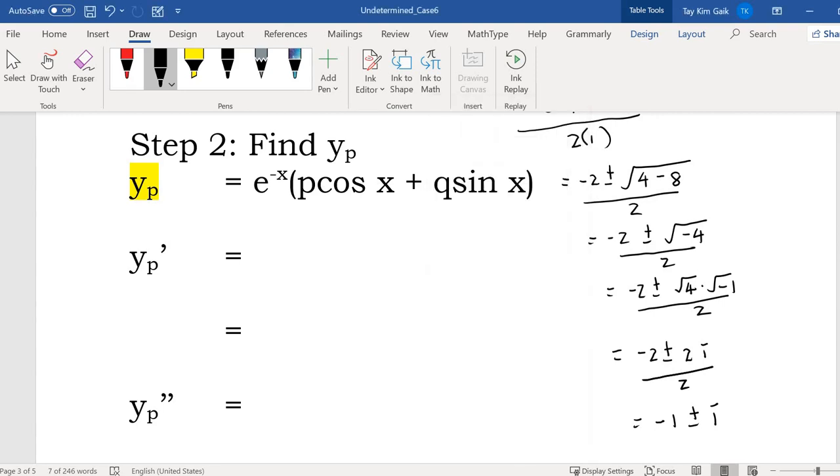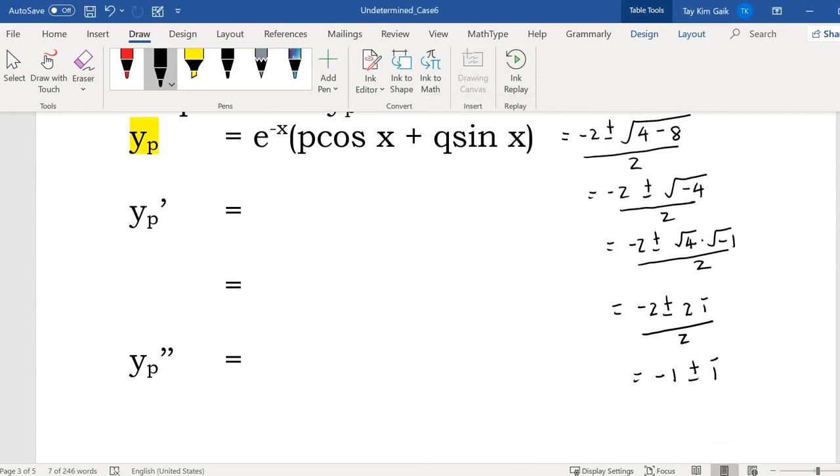After you obtain the roots of m, remember this is what we call alpha, and beta is the coefficient of i, which is 1. So alpha equals negative 1, beta is 1.